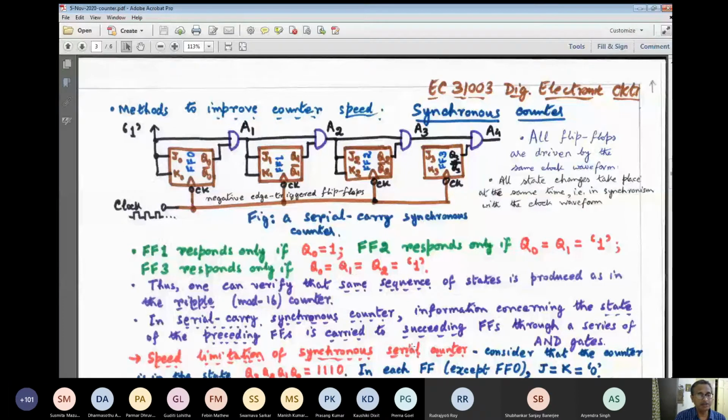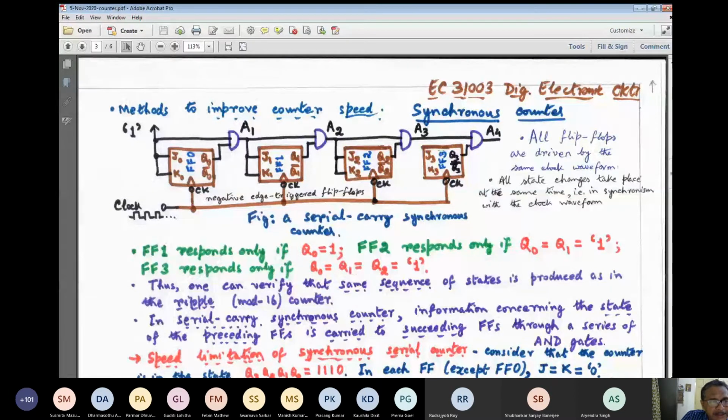So instead of an asynchronous counter, let me take up the synchronous counter. That means all the flip-flops are driven by the same clock signal. This is a system generated clock, applied in parallel to the clock inputs of all the flip-flops.